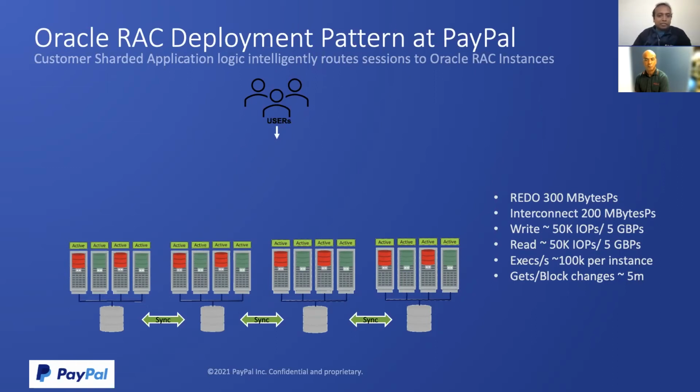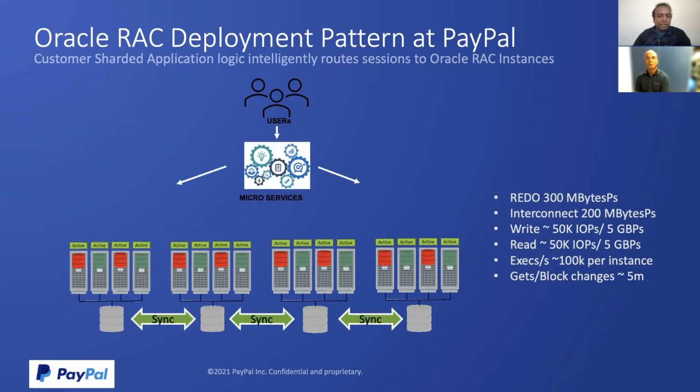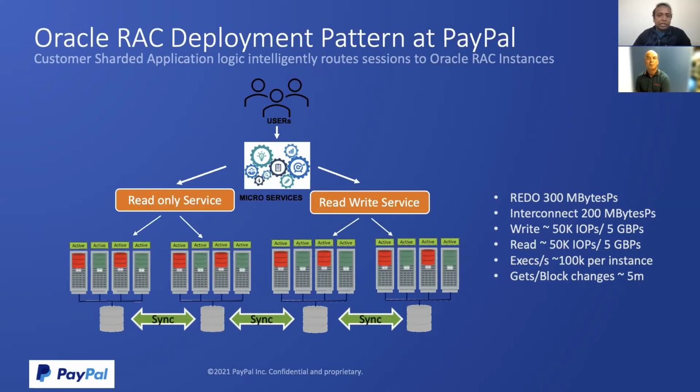One of the things we did, even a few years ago, was to start using our own sharding. As you can see here, the application microservices are sharded within our connection layer, and they are routed according to the target database. We leverage RAC services really well here.